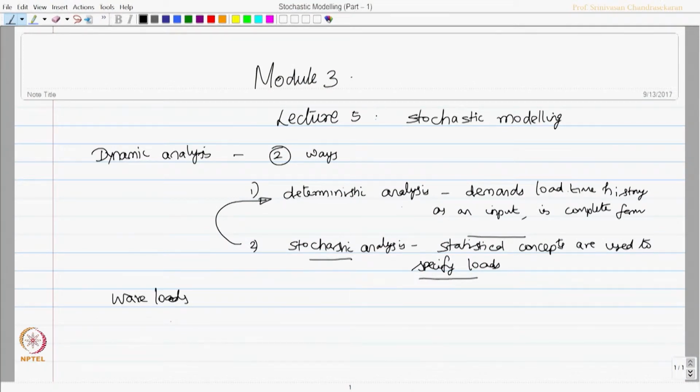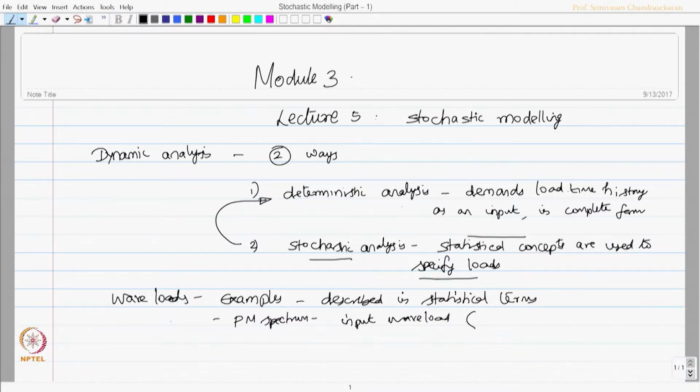Now, interestingly, wave loads are classical examples which can be described in statistical terms. For example, the Pierson-Moskowitz spectrum, which is considered one of the important inputs as wave loading, deals essentially with two parameters, significant wave height and zero mean crossing time period, which are essentially part of statistical analysis of a given data which is random in nature.